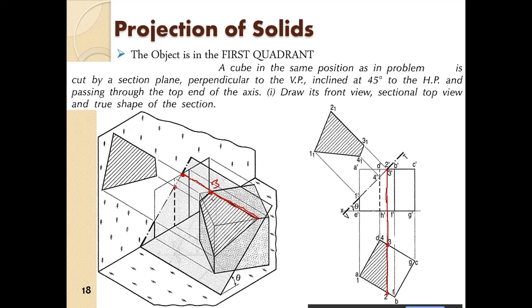Then this is 4 over here, so from here we drop it down, we get this 4. So we get the top view of the plane. So this is the top view of the intersection plane. And this is the true shape of the intersection plane.